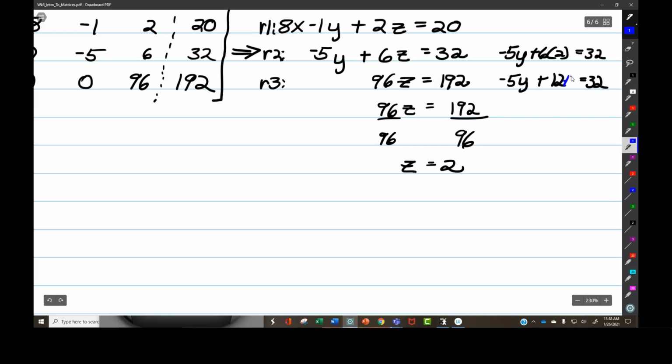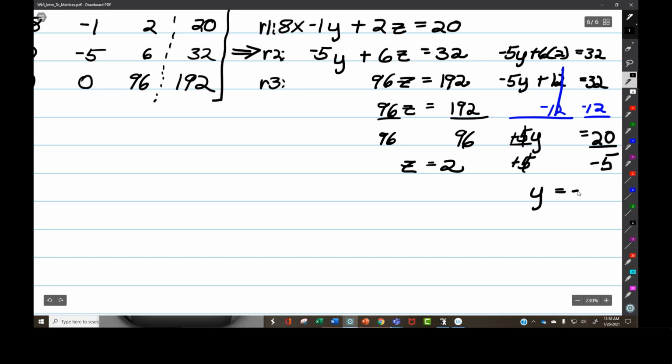Subtract 12 from both sides. 12 minus 12 is 0. -5y equals 20. Divide by -5. Y equals -4.